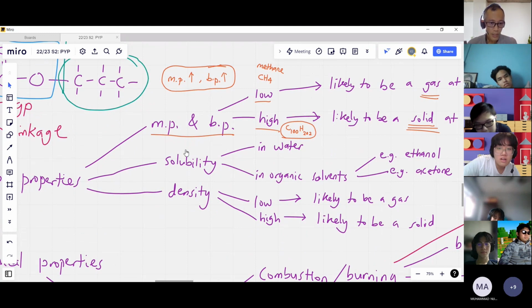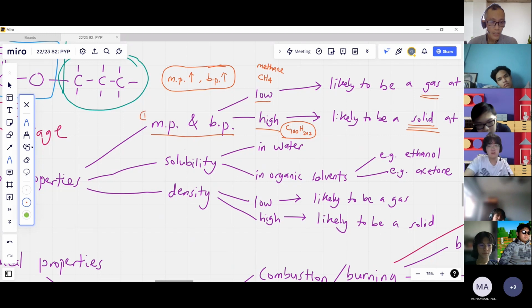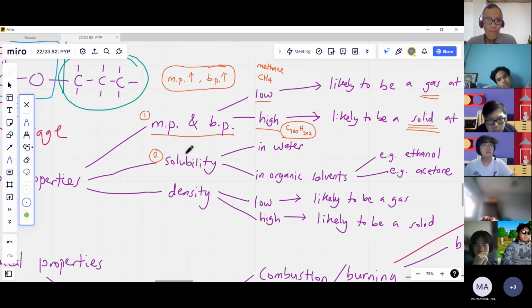Oh, yes, guys, you may want to fill this in. So that was the first one. Typically melting point and boiling point are taken together. Most of the time, they are not separate physical properties. They are considered the same physical property. So try to write something different for the second property. So maybe solubility. Well, solubility of a substance, two types.